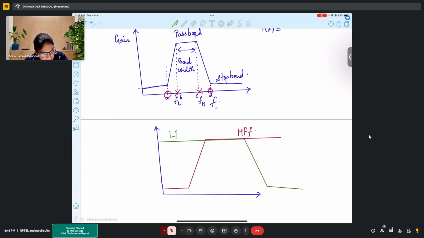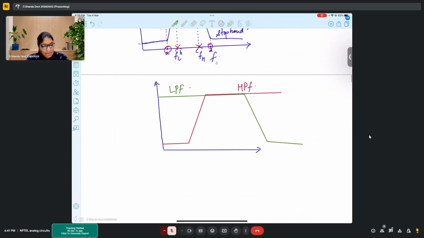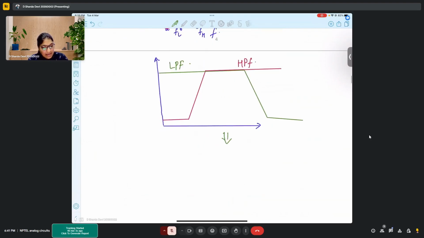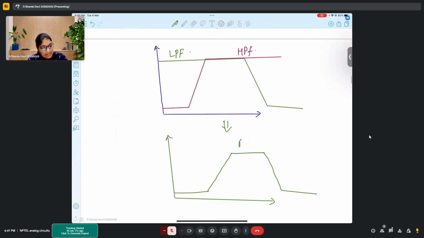So this is my low pass profile. And what I want the resultant behavior should be like this. So now this is my band pass filter.